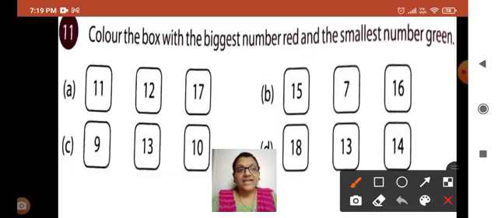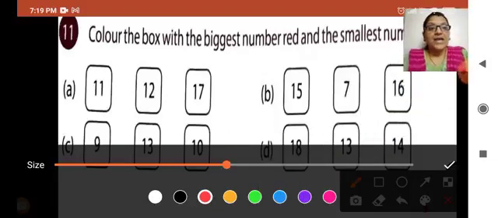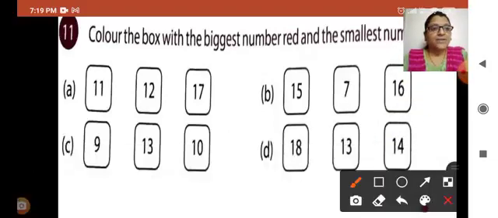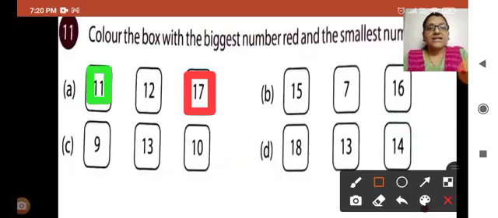Here, which is the biggest number, children? Yes, number 17. Hence, we will give red color to number 17. And here, 11 is the smallest number. Hence, we will give green color to number 11.